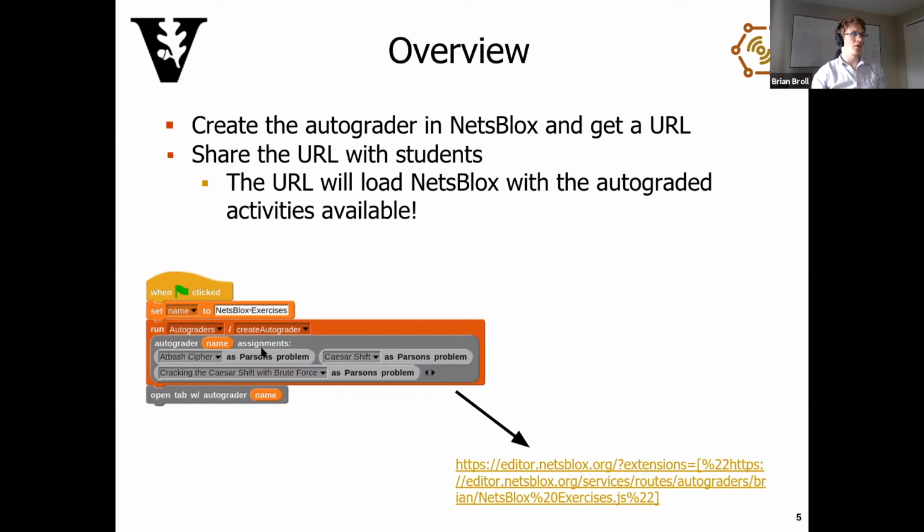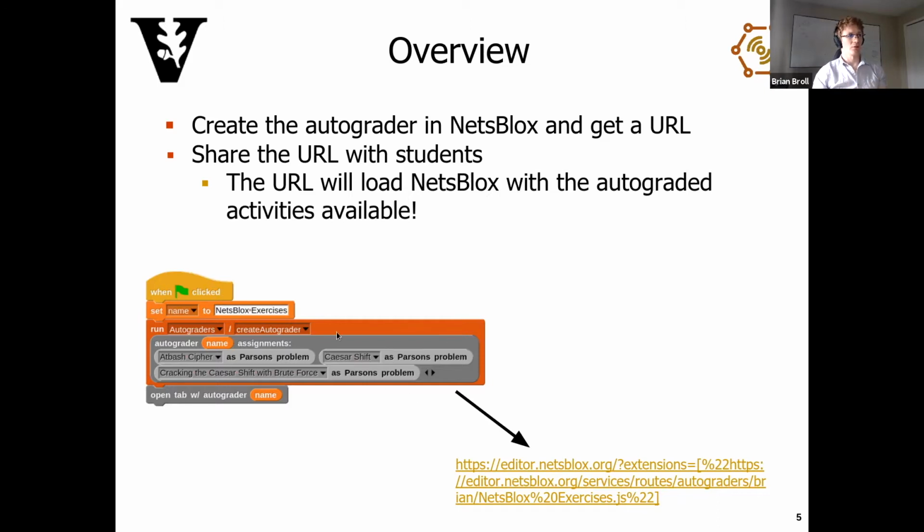And then we call this create autograder RPC from the autograder service. And we pass it essentially a configuration, a list of lists that contains information about the autograder, like what its name should be, what assignments are required. For each assignment, every assignment will have a name and a starter template, and tests, things like that.